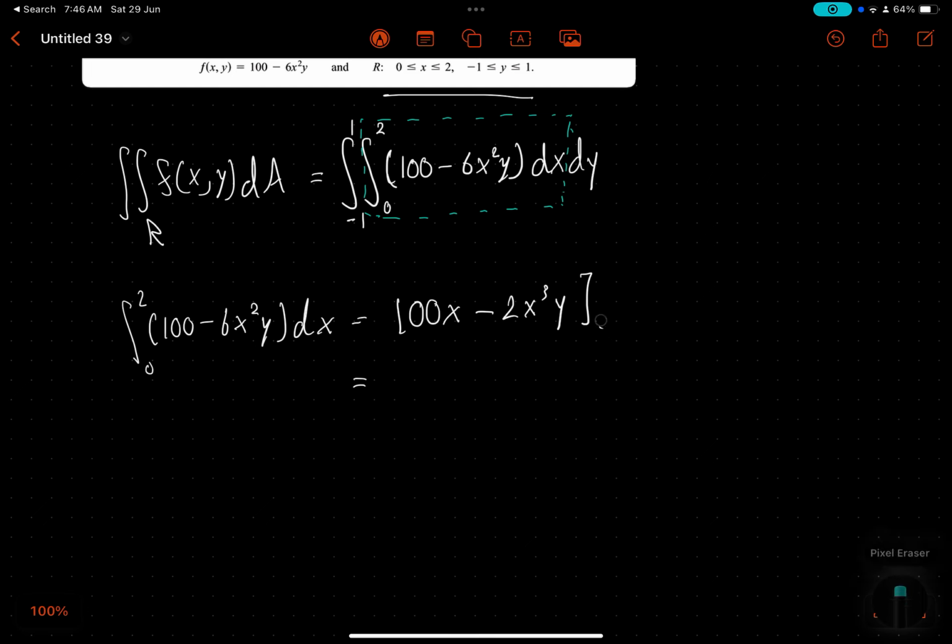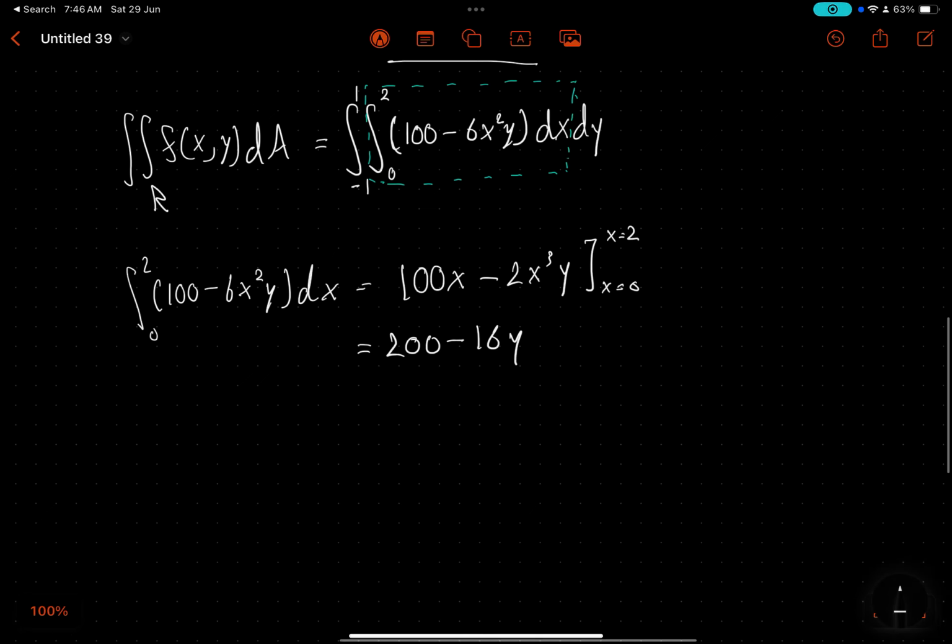Of course we're going to say x equals 0, 2, so we don't mess it up with y. y is treated as a constant. So 200 minus 2 to the 3 is 8, so minus 16y. Of course, minus 0. We don't need that. Okay, so this is the value that we got.